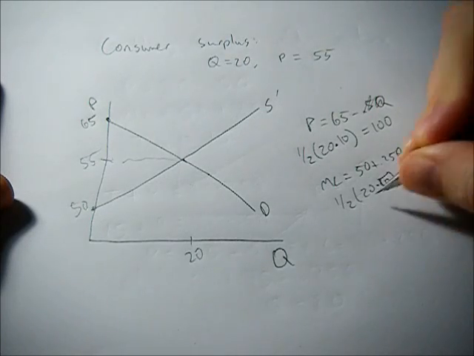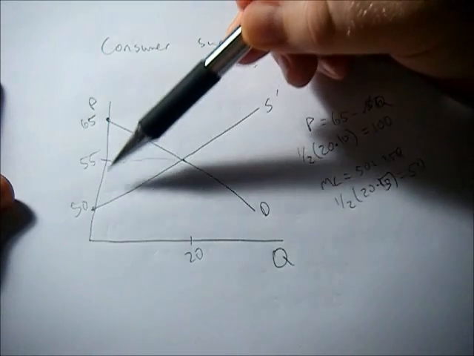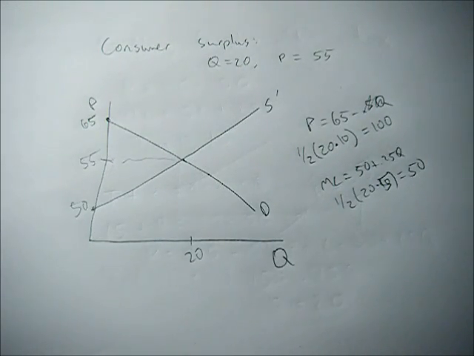So that gives us 100 divided by 2 is 50. So base 20, height 5, divided by 2, 50. So before, our producer surplus was 200, now it's only 50. So it's gone down significantly as well.